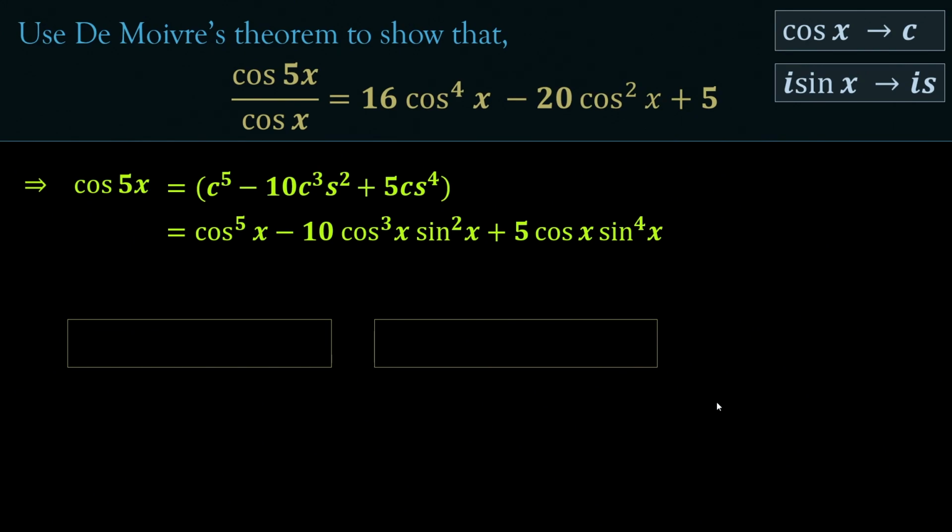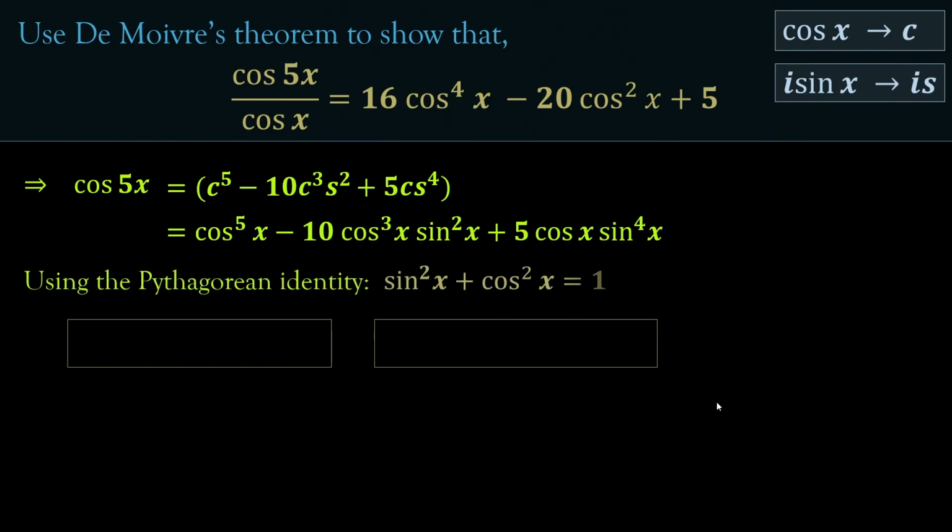Okay. Next thing we need to know is we can use the Pythagorean identity, which is sine squared x plus cosine squared of x is always equal to 1. This is called the Pythagorean identity because we get it from Pythagoras, the triangle, right? Okay, so if that's the case, then I can move the cosine squared of x to the other side, and so sine squared of x is the same as 1 minus cosine squared of x.